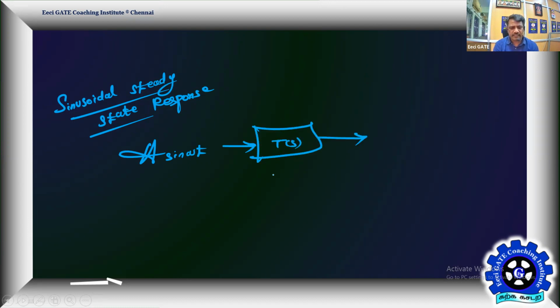You can set s equal to j omega, which results in T of j omega. The T of j omega should be written in polar form, with its modulus and its angle, for the given supply frequency omega. It's a finite frequency.